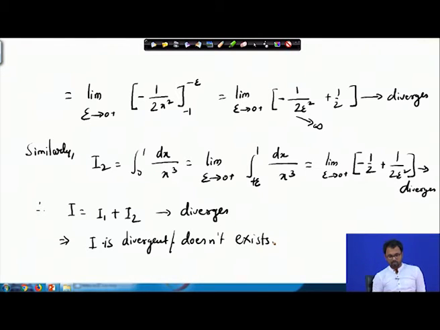So just splitting the interval into two subintervals, we evaluate each one of the subintervals, and if any one of them is divergent, or if both of them are divergent, then in that case the whole integral I would be divergent, and if both of them are convergent, then the whole integral I would be convergent. So this is one way to check whether the given integral is convergent or not.